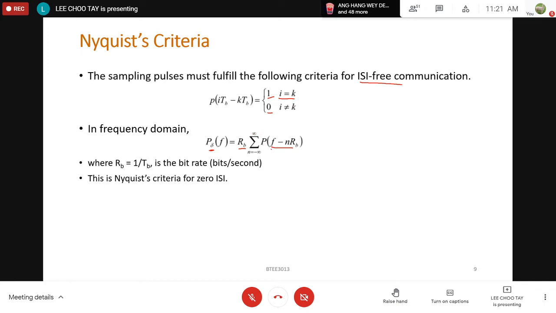That means we're going to have impulses at a frequency equal to n times the bit rate. And what is bit rate? Bit rate is 1 over bit duration. So this is what Nyquist says: the criteria for the sampling pulses to ensure zero intersymbol interference.